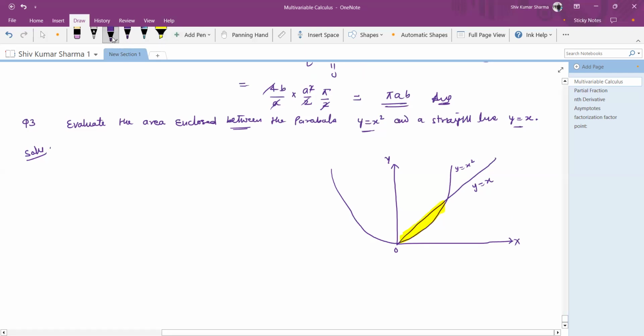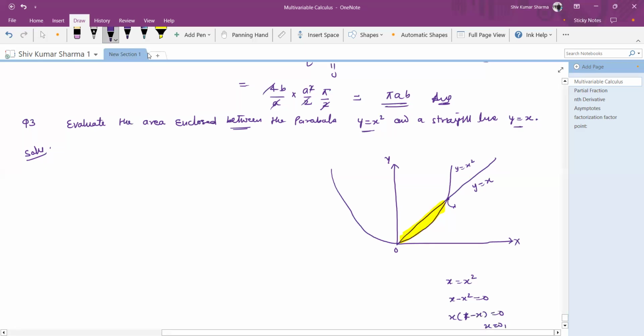Now how to find the limits? We find the intersection point of the two curves. What are the coordinates of this point? When we put y equal to x in the parabola, we can write x is equal to x square. So x minus x square is equal to 0, that is x into 1 minus x equal to 0.